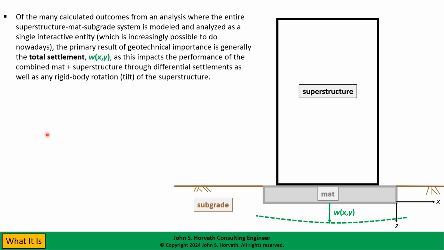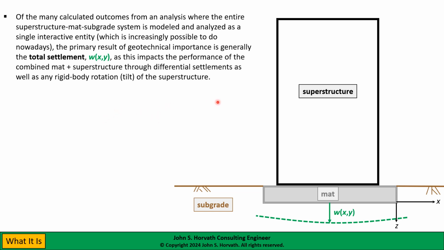Now, if we were to analyze the complete superstructure mat subgrade system as a single entity, which, as we know, is increasingly possible to do nowadays, right? We have three-dimensional finite element software that increasingly we could analyze this as just a single problem.